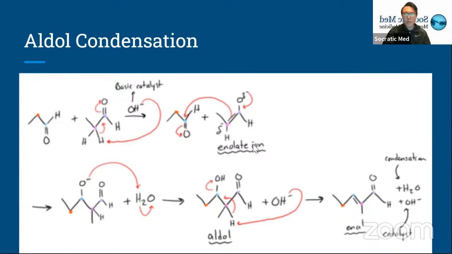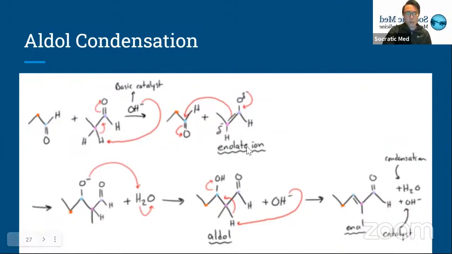So the negative enolate will attack the keto form. The enolate acts as the nucleophile, and the other molecule reacts as the electrophile. You get this bottom left structure where it's connected together.